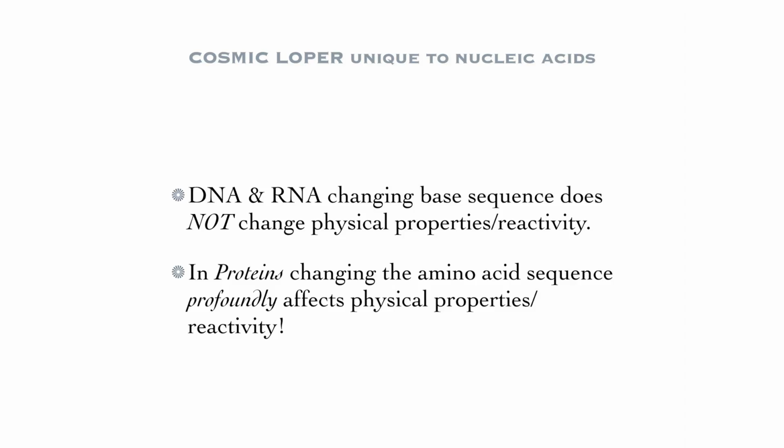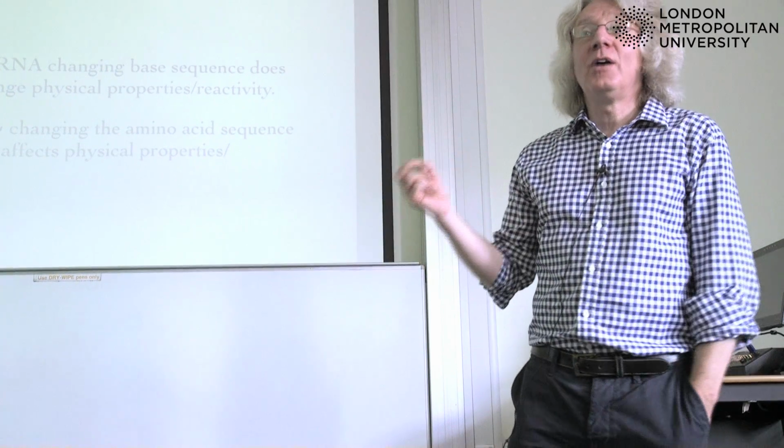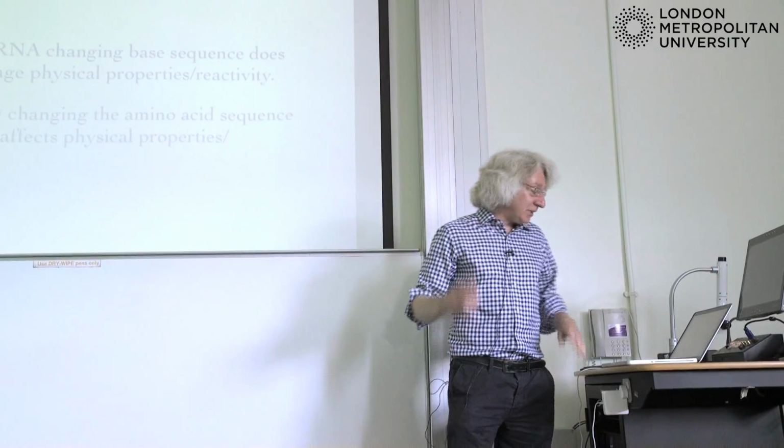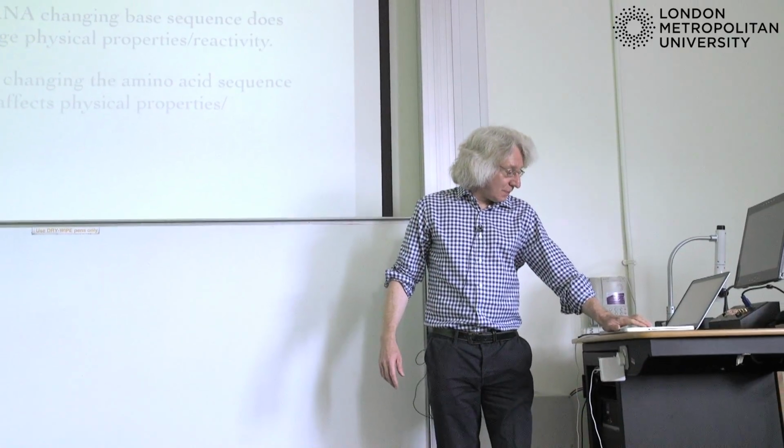If you change one amino acid in a protein made up of maybe 20,000, that can have profound effects on that protein's chemical behavior, especially if it's an enzyme. And the best known one, of course, is hemoglobin.